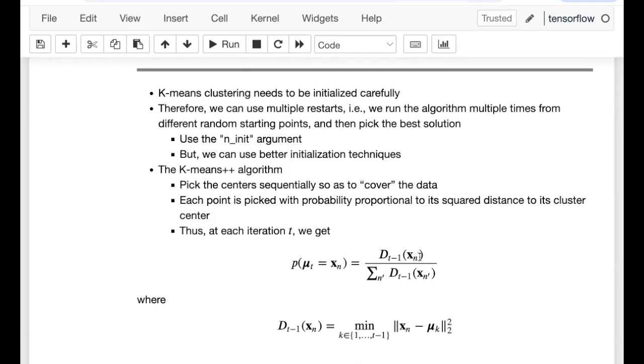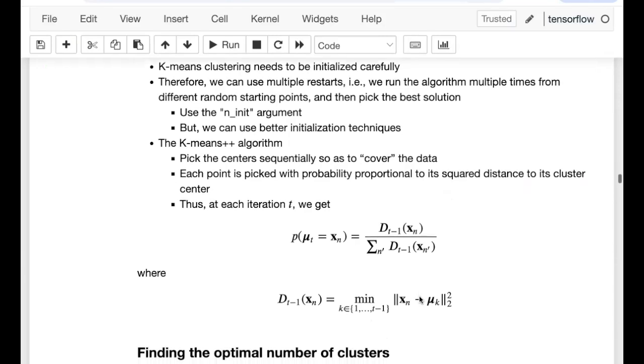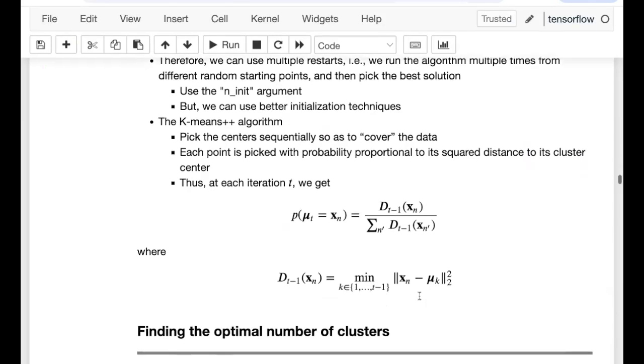So it's better not to pick a cluster center very close to what we already have. So that's the idea here. It's a way of finding these probabilities to make sure that we can have these cluster centers as far apart as possible, and that way we can cover the entire space. And this will hopefully help to get better convergence at the end.